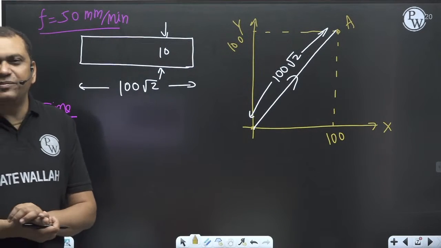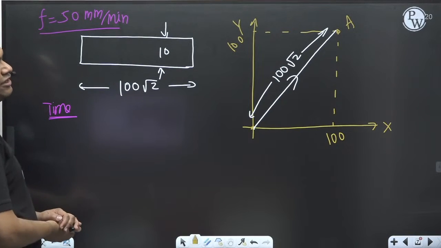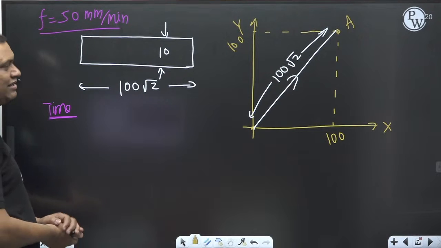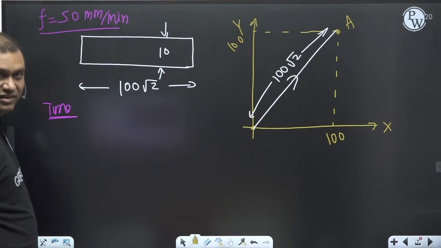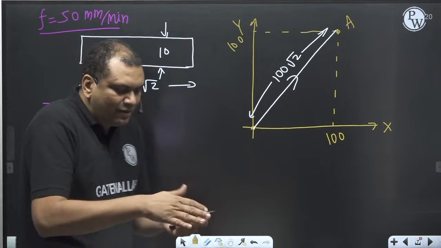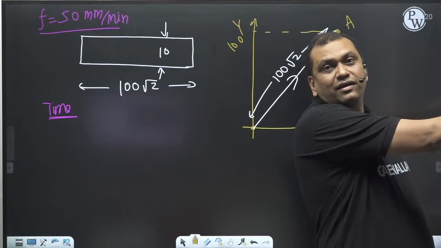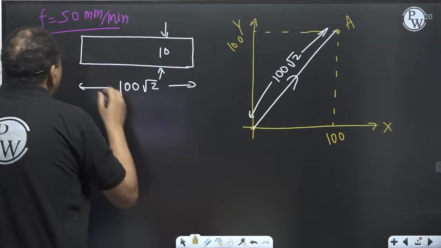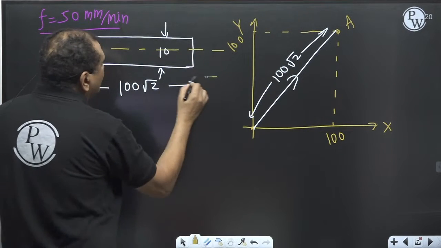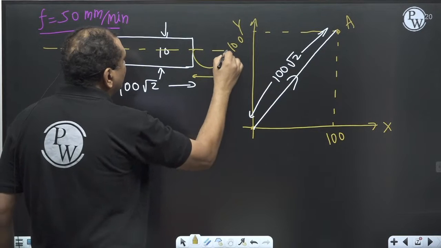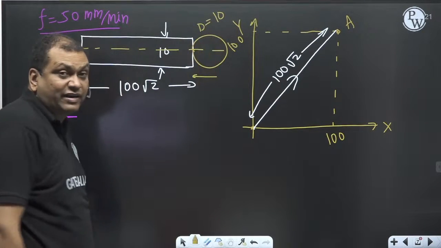In the machining time calculation, you must have studied that to machine this, it's a slot, na? Workpiece, cutter comes from here and finishes it off. So cutter position, let us say this is the center. Cutter is moving from this side direction. That's the position of cutter.